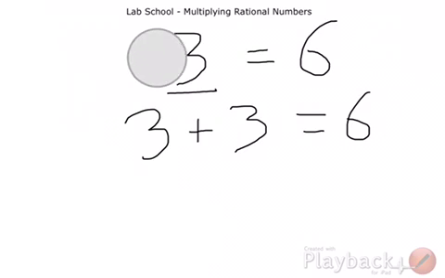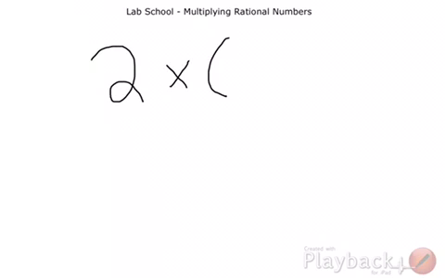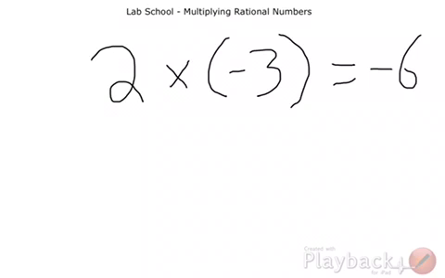Pretty easy. Now we could also extend this to our negative numbers. So if we had 2 times negative 3, we follow the rules. Yes, we have different signs. That's going to give us negative 6. But why does that happen? If we look at the math behind the rule here, we have 2 groups again, and in each group we have negative 3.